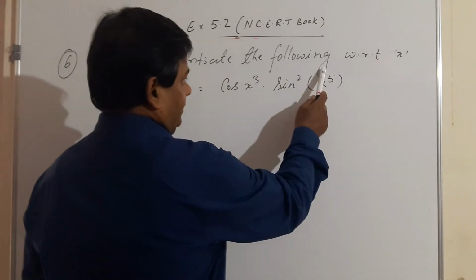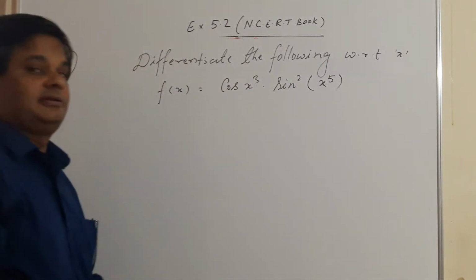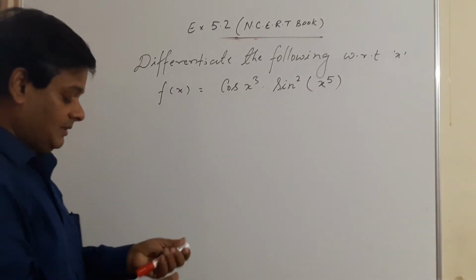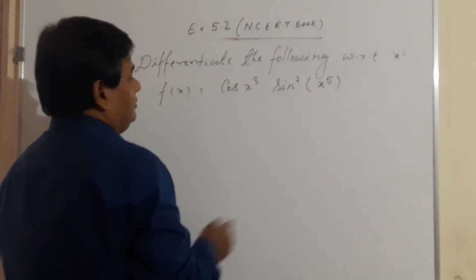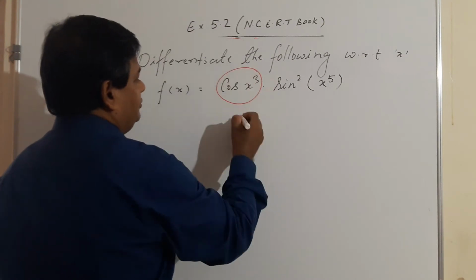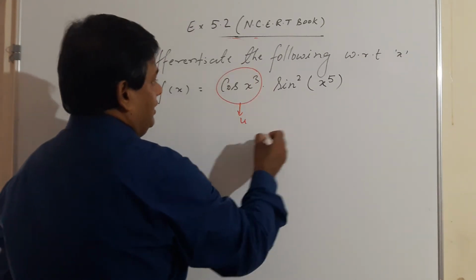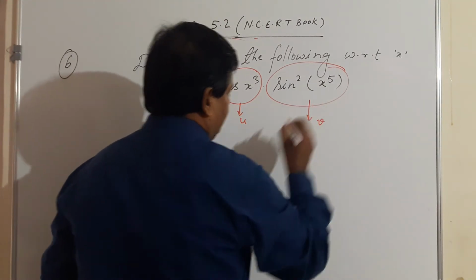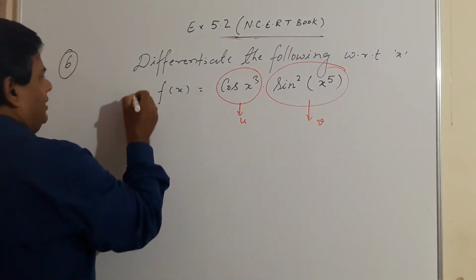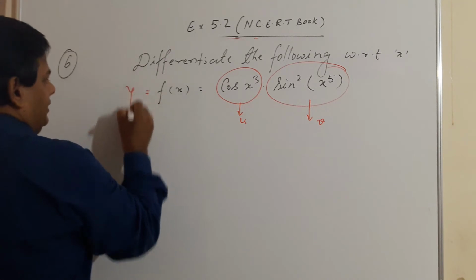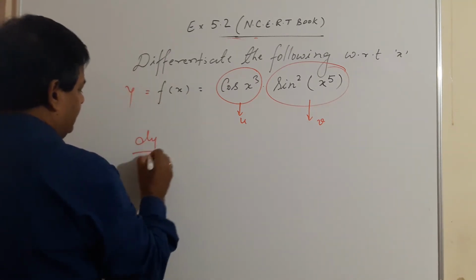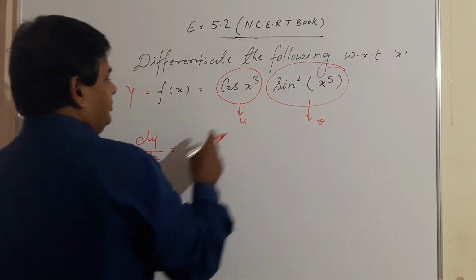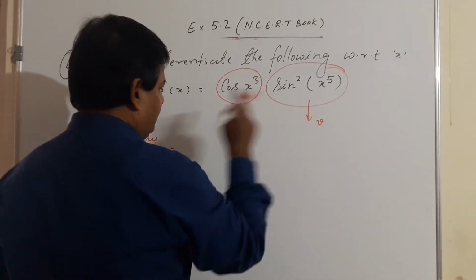Differentiate the following with respect to x. So f(x) is equal to cos x cube into sine square x raised to the power 5. Suppose this one is u, and this one is v, and this equals y. So dy by dx, this is the product formula: u into v.